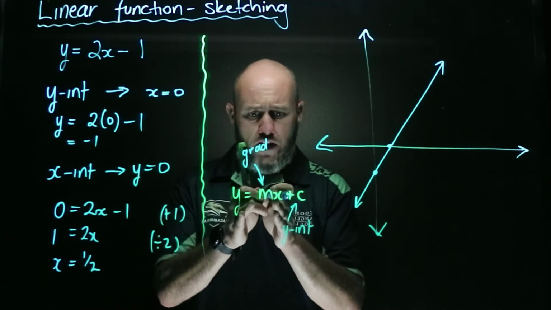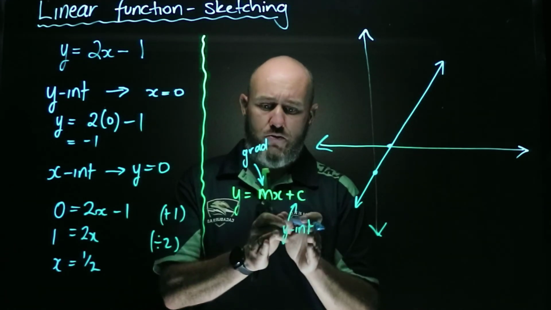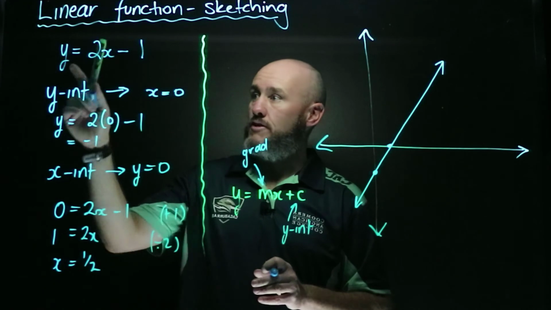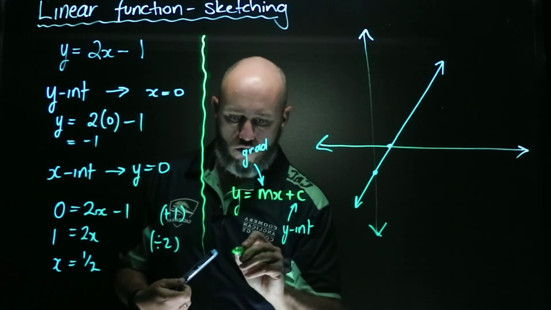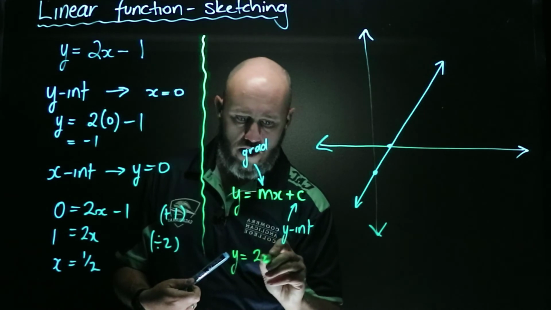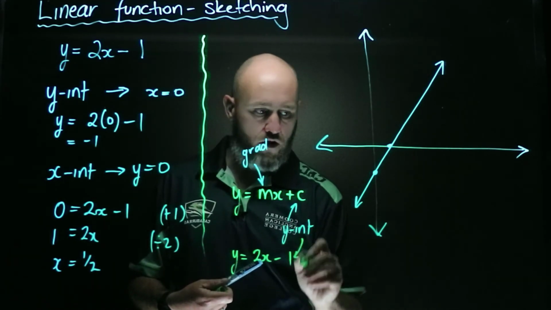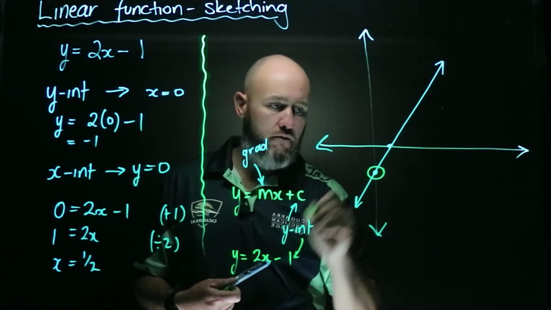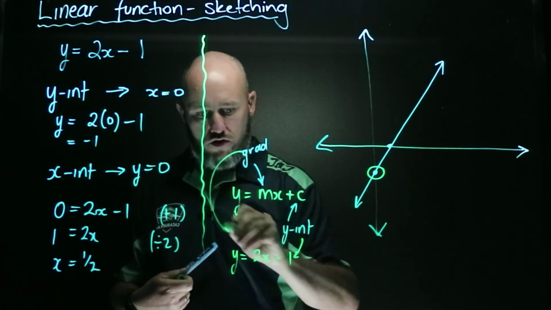The coefficient of x is the gradient, and then the constant term is the y-intercept, if it's in this form. We can see this guy is in this form. So at the moment we're dealing with this function, y equals 2x minus 1. So we have a y-intercept of minus 1, which we've already plotted here, and we have a gradient of 2.